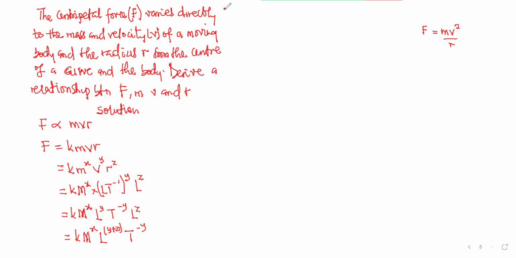Then you equate it to the dimension of force, which is M L T exponent -2. You equate L to L, M to M, and then you find the variables.